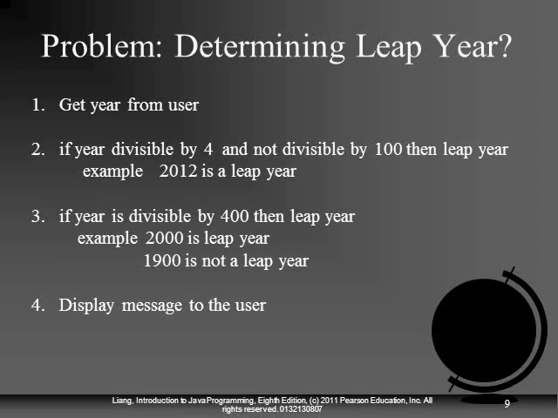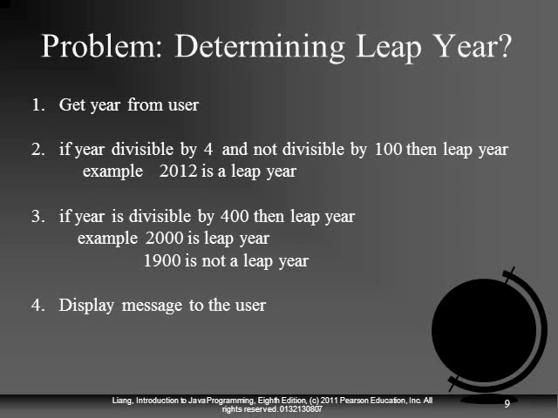But it's not if the year is also divisible by 100. If we look at the year 1900, it's divisible by 4, but it's also divisible by 100, and consequently the year 1900 was not a leap year.